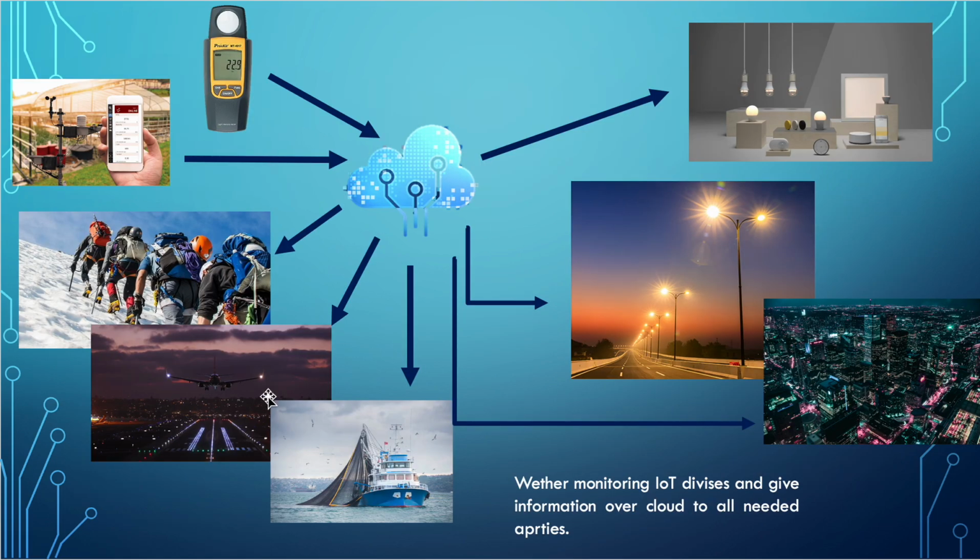Then we looked at an example where multiple situations, multiple scenarios, get information from single IoT devices. Single IoT device or set of IoT devices providing information for different scenarios, providing data, providing outcomes for different scenarios.